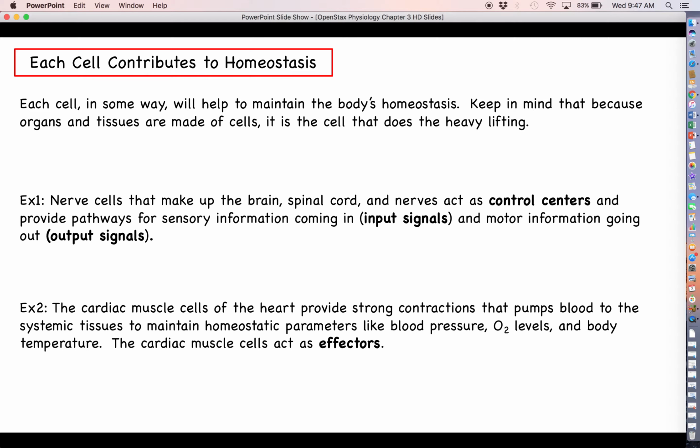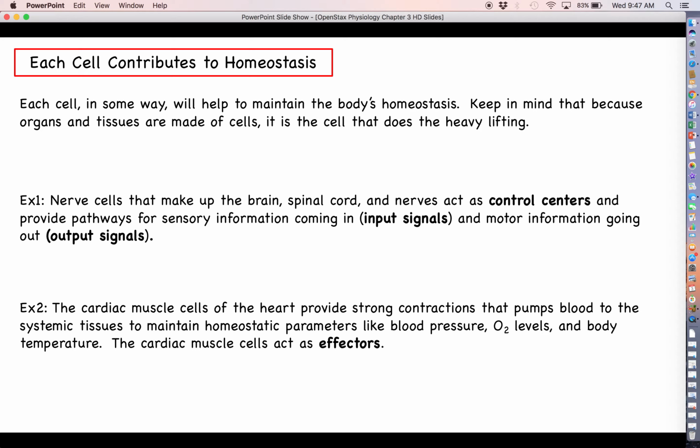Another perfect example is the cardiac muscle cells of the heart. Don't forget the heart is an organ and it's made up of cells. Each one of those cells provides strong contractions that help to pump blood throughout the body to make sure that we get all those nutrients that we talked about back in Chapter 1, like oxygen and food molecules and micronutrients.